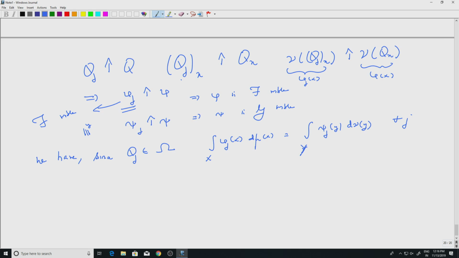Well, what do we do? We use this. Phi j I know increases to phi, psi j increases to psi. So, what can you apply? You are looking at integrals.